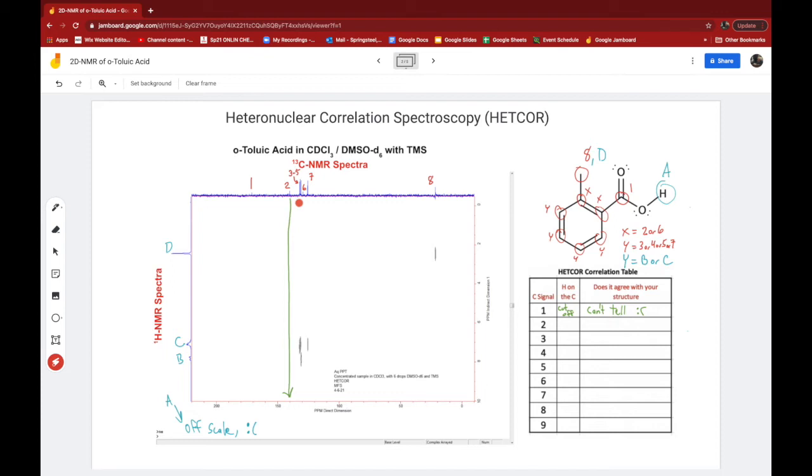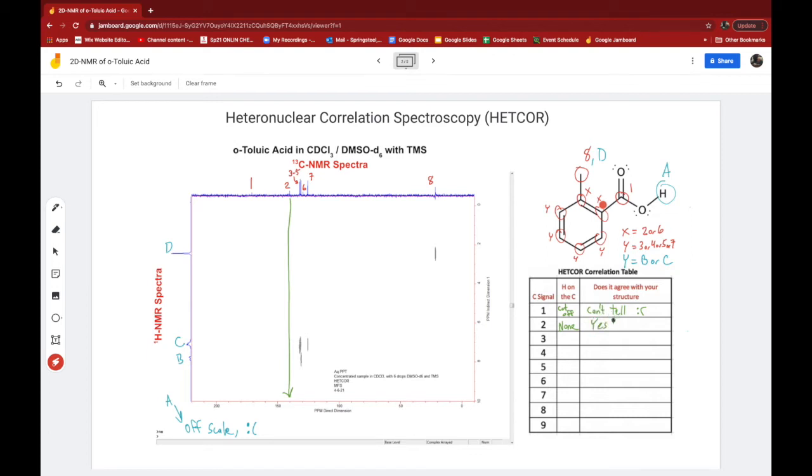So in the table, for carbon signal 2, hydrogens on carbon, I'll type in none. And does that agree with our assignment of our structure? Yeah, because we said carbon signal 2 was one of these signals that had no hydrogen. So yes, looking good.